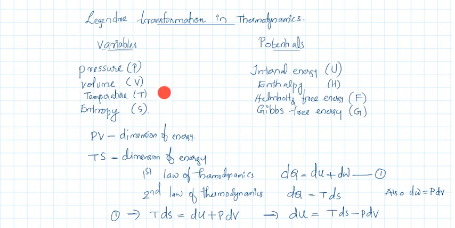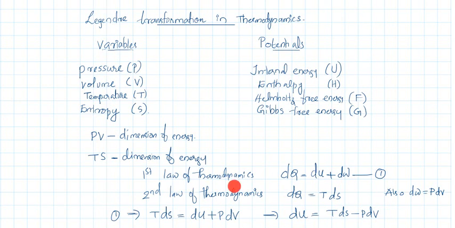So 4 variables and 4 potentials. And the interesting fact is that all these potentials have a dimension of energy, and among the variables, PV has dimension of energy and TS has dimension of energy. So PV always has dimension of energy, and TS has dimension of energy.